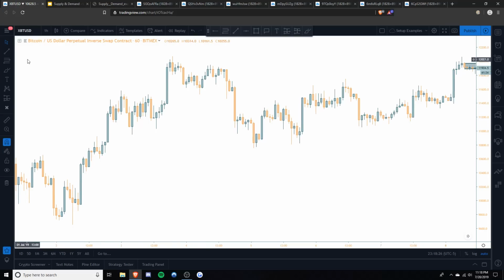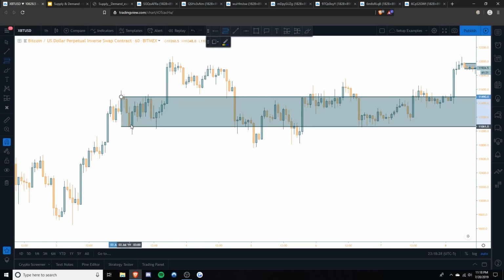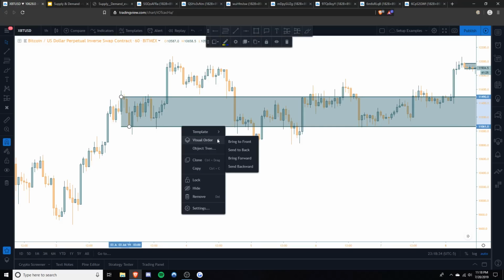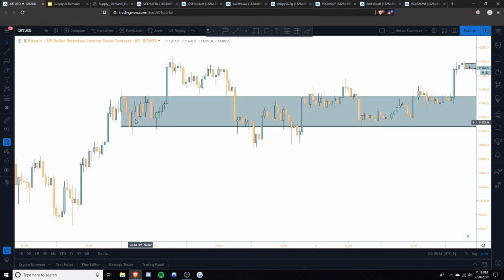So here we have a good example of a rally-based rally, and I can tell you right now the reason that it failed was because of how much time it spent here, and all of the orders were definitely filled on this consolidation range. So there was really no buy orders to send price higher at all.